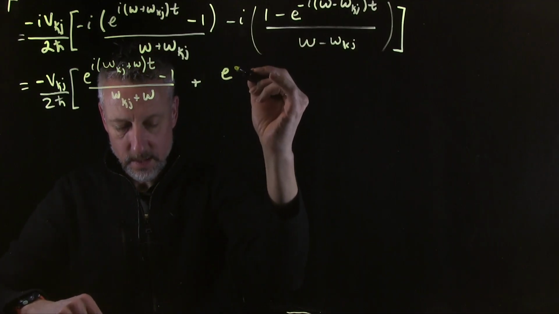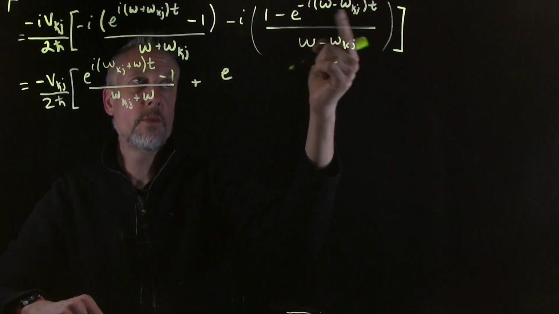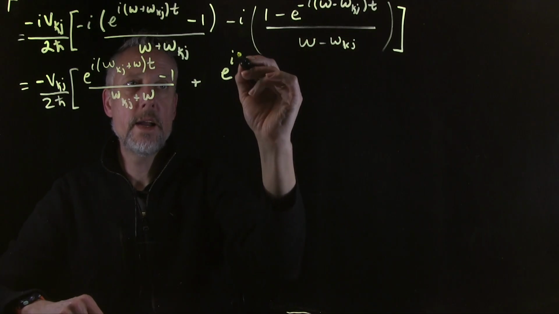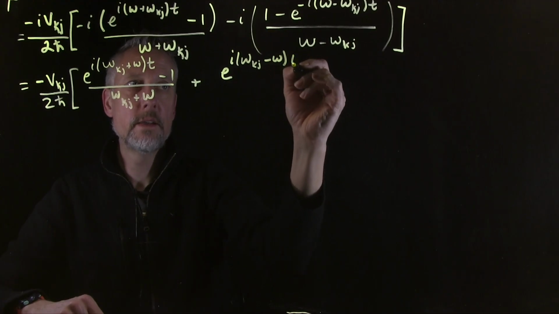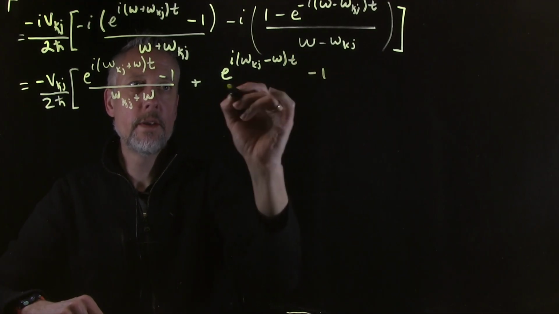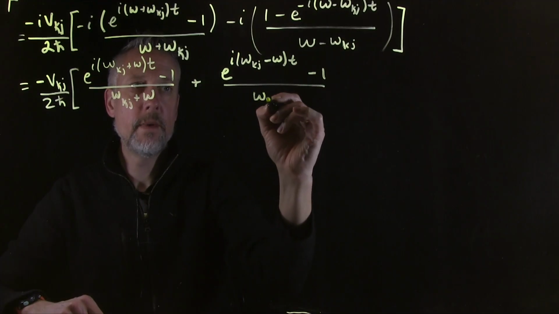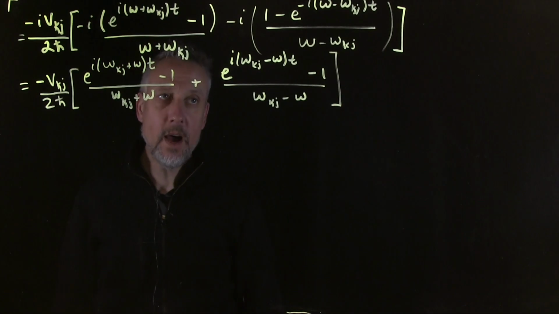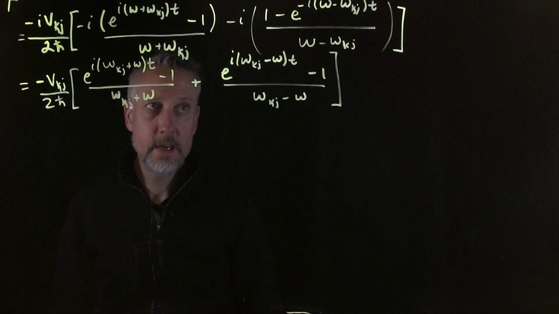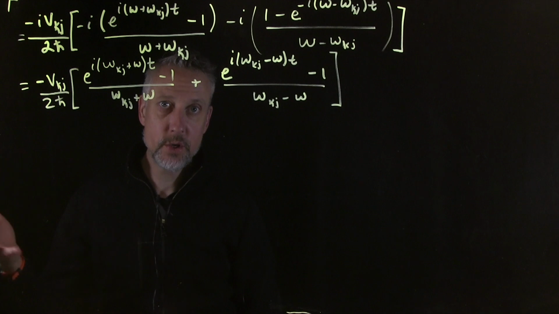So we have e to the i (omega_kj plus or minus omega) t minus 1 divided by omega_kj minus omega.